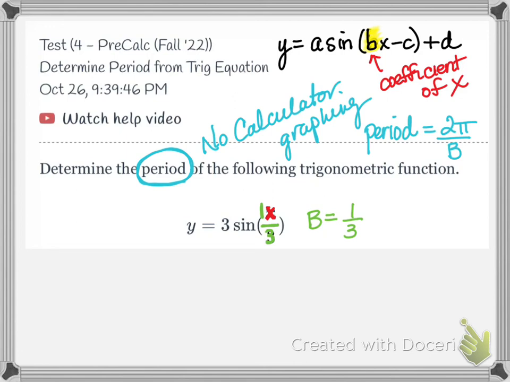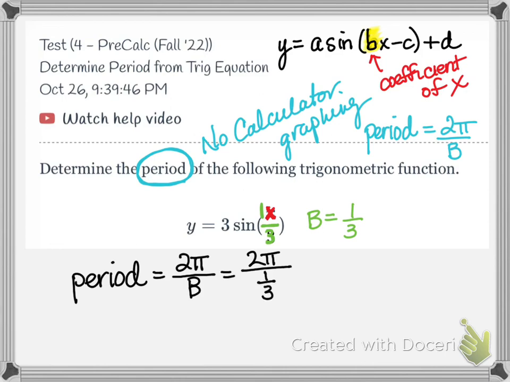So when I ask you to calculate period, the formula says that we have to take 2 pi and divide it by b. I'm going to use a capital B to make it easier to see. So 2 pi divided by 1/3.